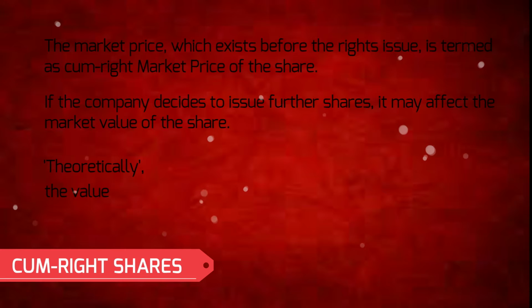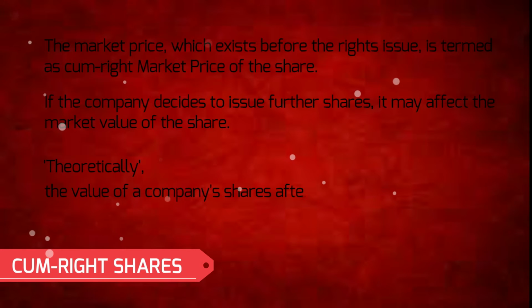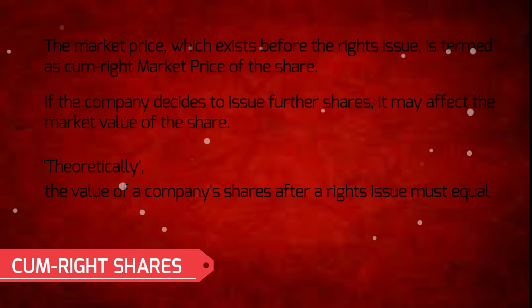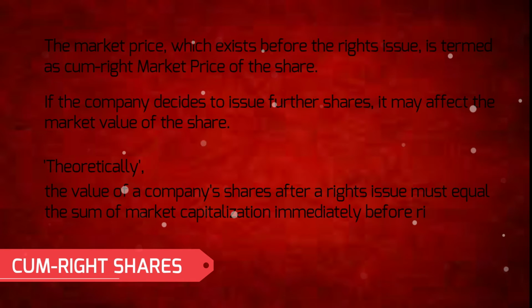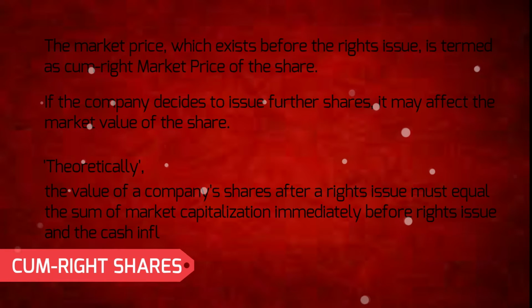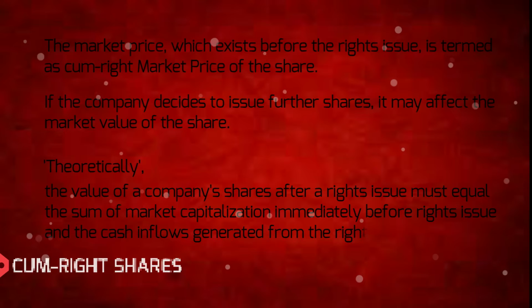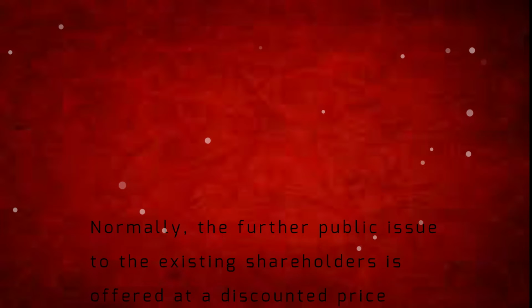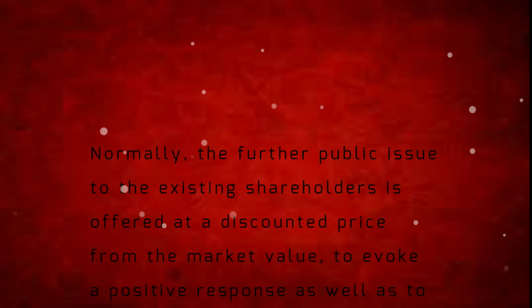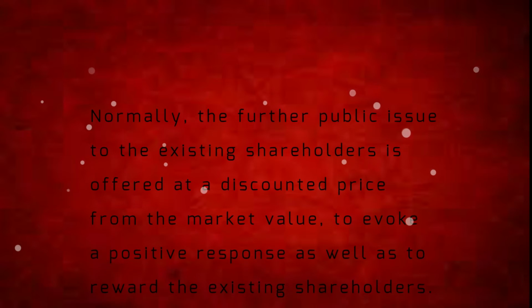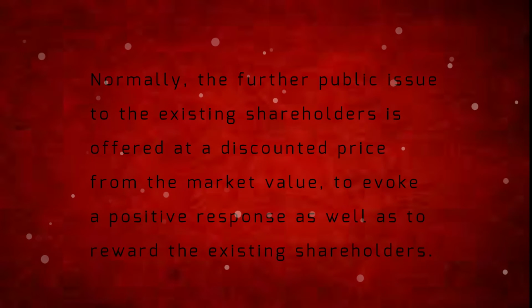Theoretically, the value of a company's shares after a rights issue must equal the sum of market capitalization immediately before the rights issue and the cash inflows generated from the rights issue. Normally, the further issue to the existing shareholders is offered at a discounted price from the market value to evoke a positive response as well as to reward the existing shareholders.